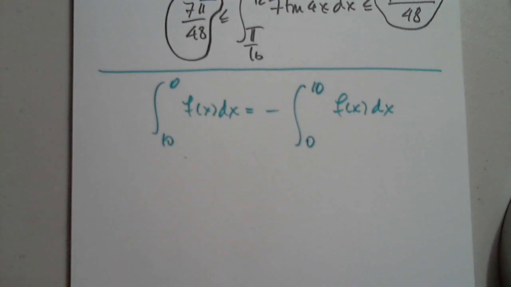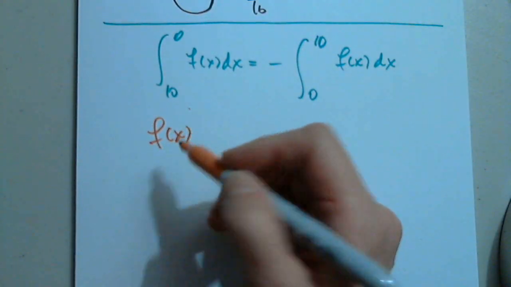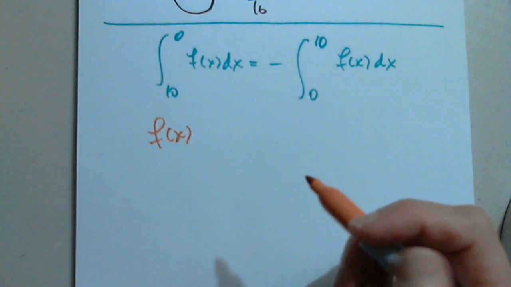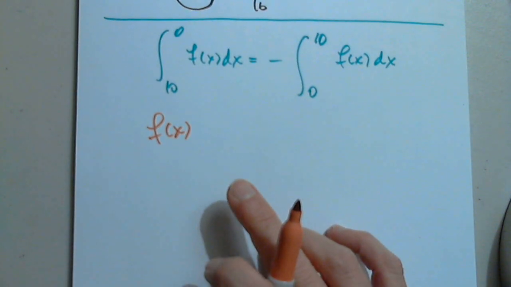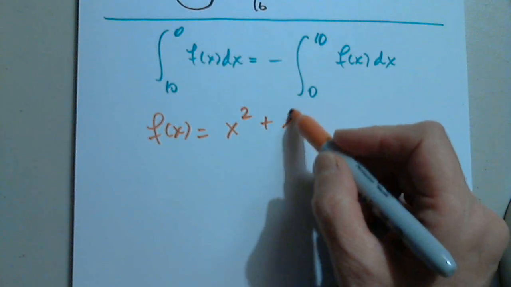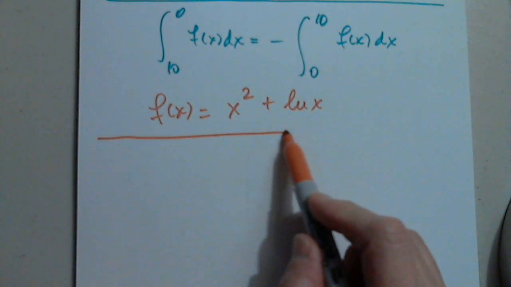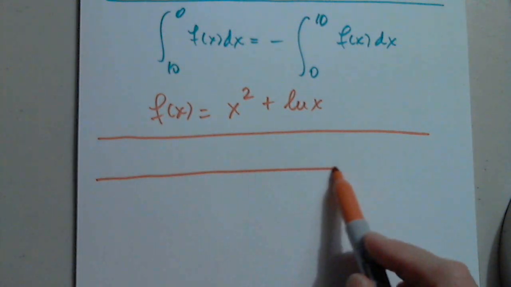Okay, so I want to start with something that is very important. Can anyone give us a function? Any function you want. Like x squared plus natural log x. So we've done this before, so let's do it one more time because this is very important.